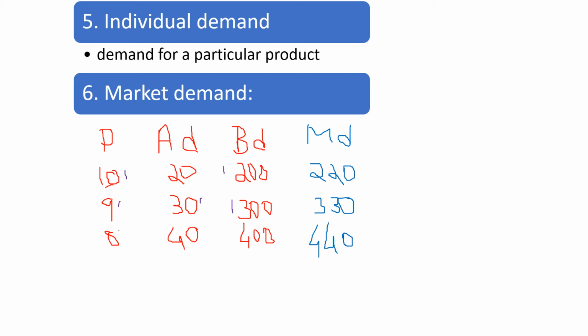When the price is at 8 rupees, A is demanding 40, B is demanding 400. Now, what is this MD? This MD is nothing but market demand. So, when you add both A's and B's, you will get market demand.